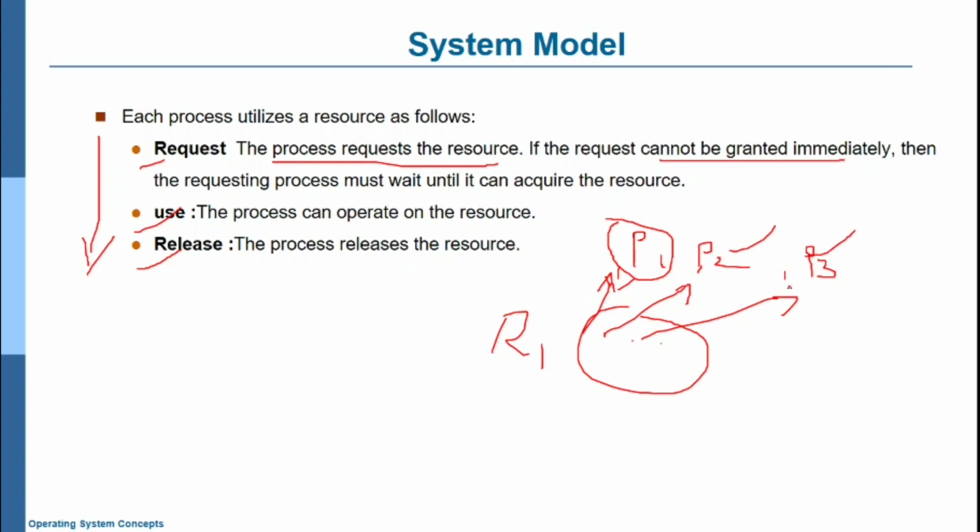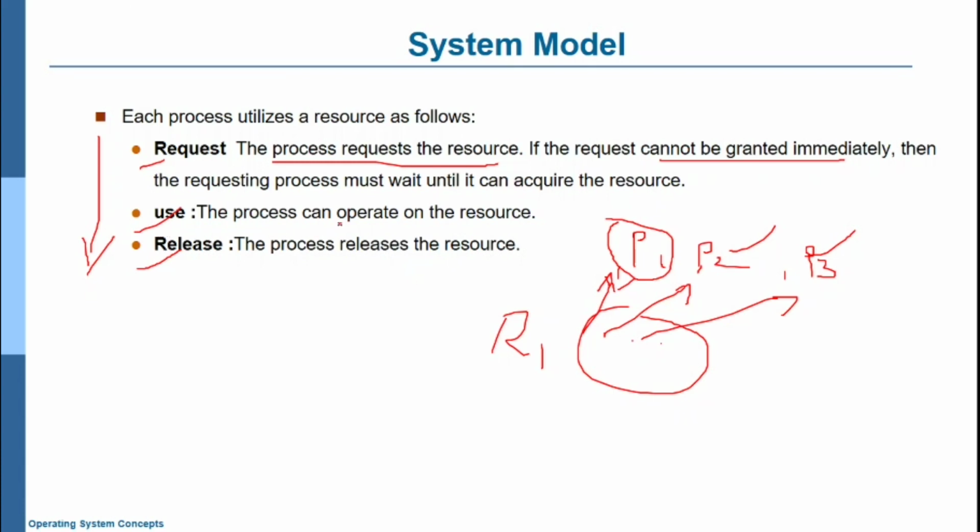After completion of the designated task, there is no need to hold the resources by the process. Once it is completed, it has to terminate, and before terminating, it has to release the resources held by that process.